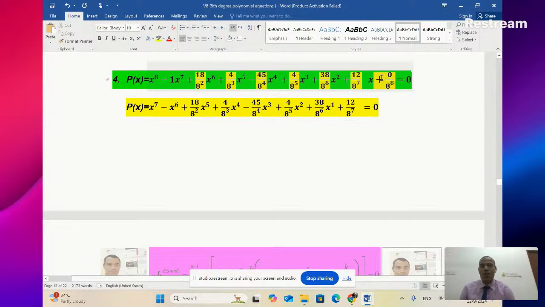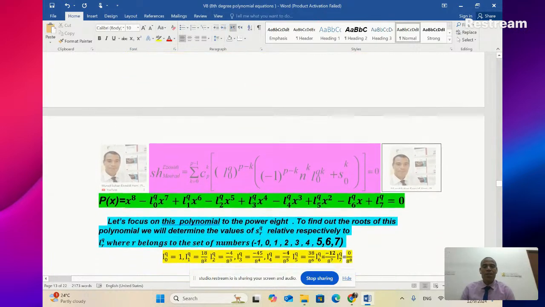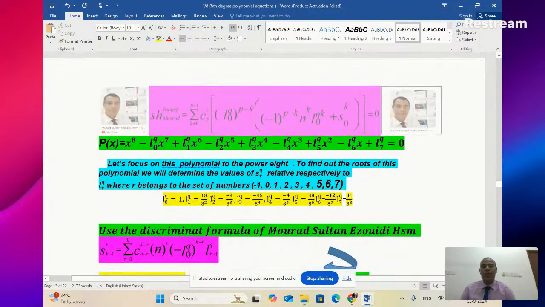Why 0 here? Because I extended this polynomial of power 7 to get a new polynomial of power 8. Then I am going to work with the coefficients of this 8th-degree polynomial equation. Here, learners, we apply the discriminant formula of Mr. Murad Sultan Zwidi.